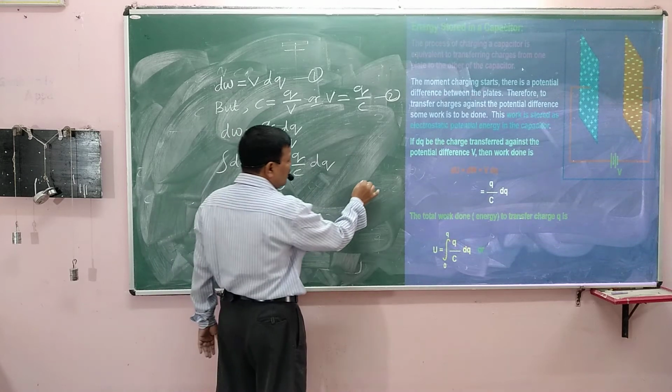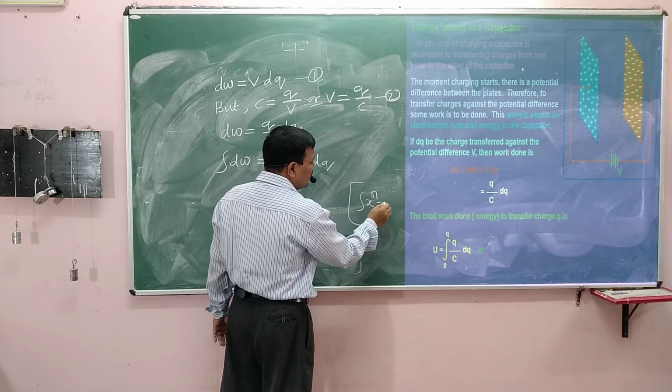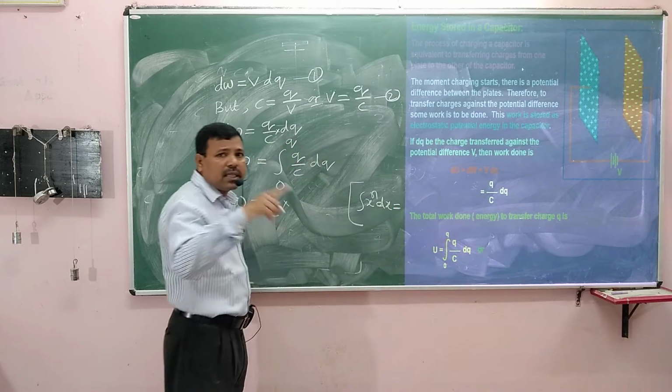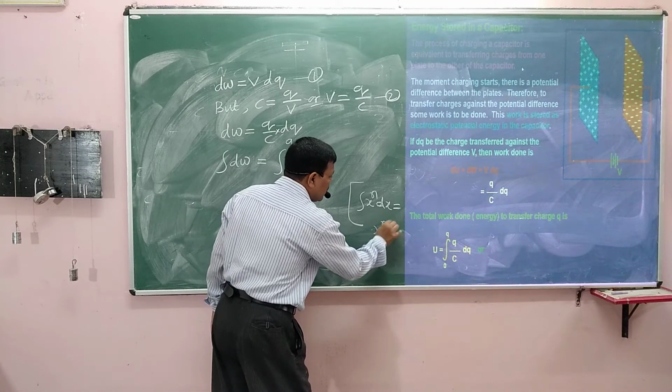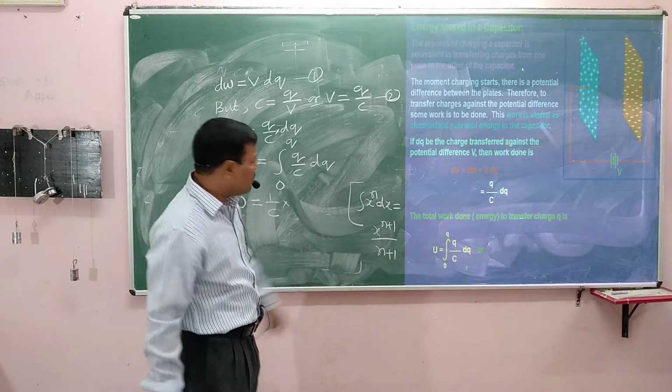We have learned that integration of x raised to n dx is equal to x raised to n plus 1 by n plus 1. Let us apply this formula here.